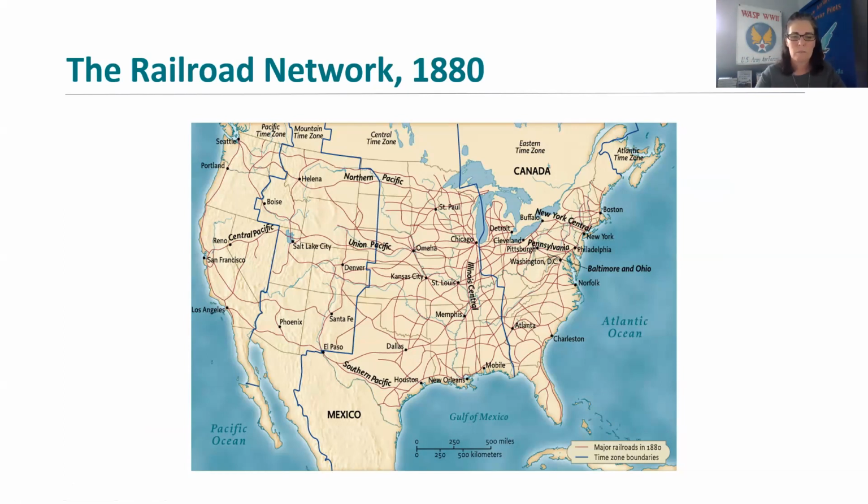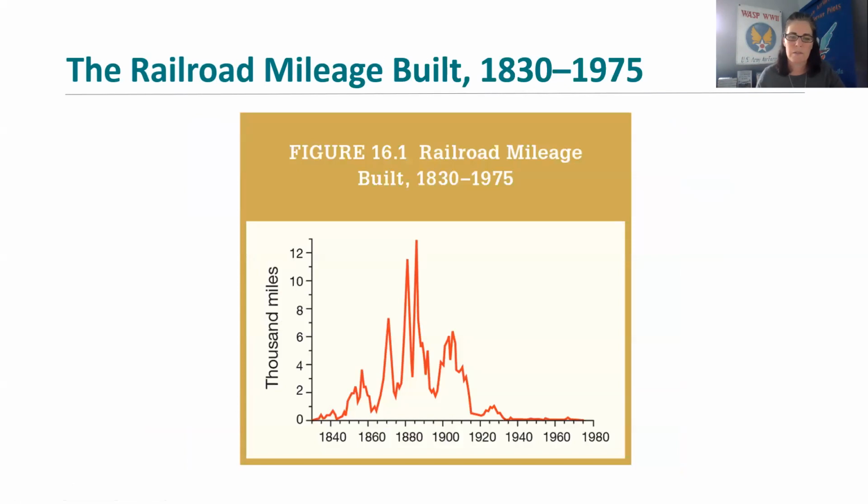Right. This is just another visual of the amount of railroad, thousands of miles of railroads that are being built in this period. This one actually goes out through to the 1970s. And you can see there's this big burst that we're talking about today. And then there's another little chunk here as we get up to the more industrialized era.